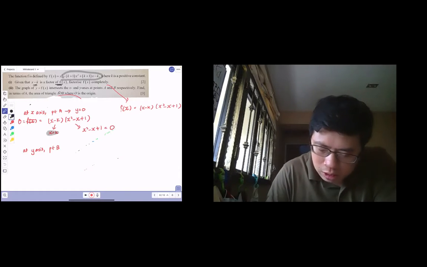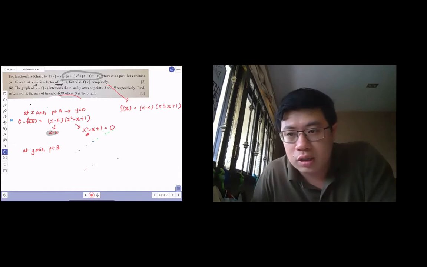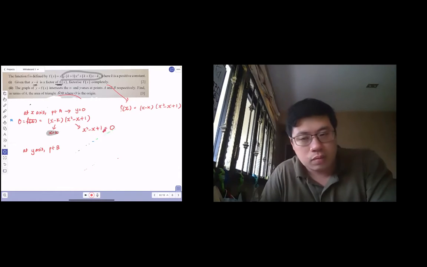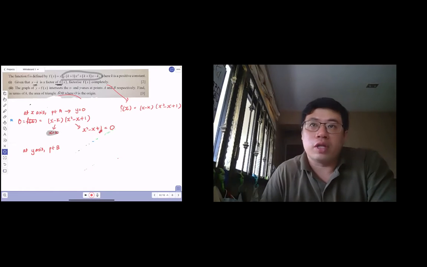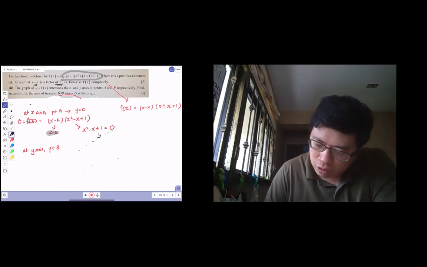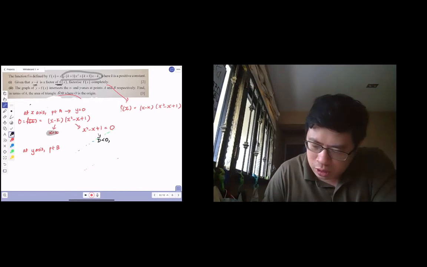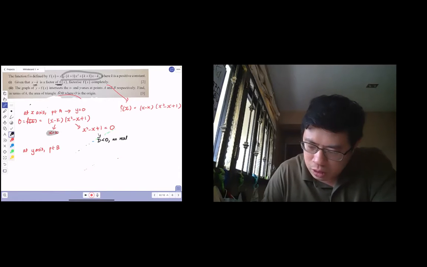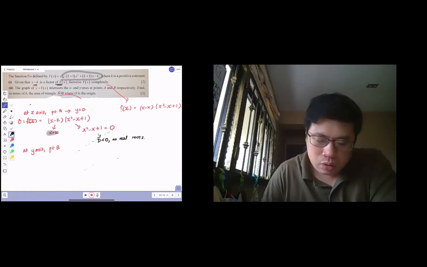Now remember earlier, this one has no solution. Try using the calculator for this. You will find that you can show the discriminant is less than 0, so there are no real roots. So the only solution is x equals k.